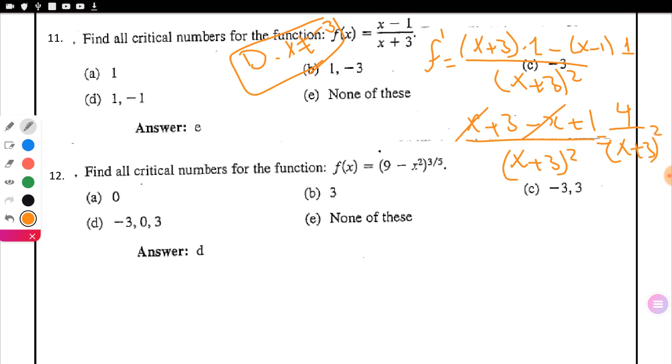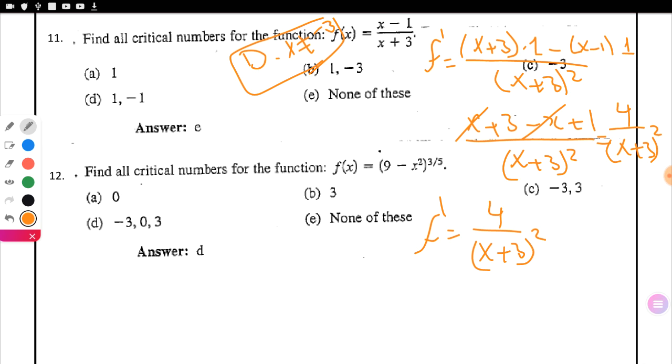Here, the first derivative equals 4 over (x plus 3) all to the power 2. The critical numbers are the values of x where the first derivative equals 0 or does not exist.